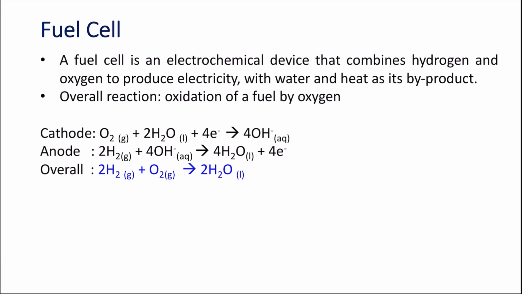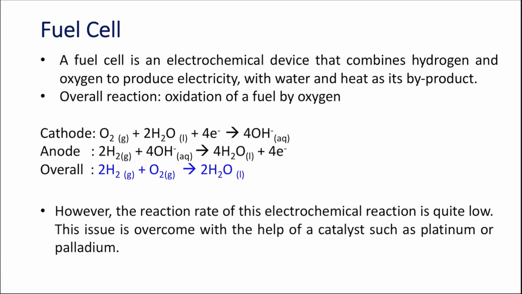And then apa yang kita perlu faham, reaction rate untuk this electrochemical reaction is quite low. So in order for us to overcome this reaction rate, kita akan gunakan catalyst such as platinum dan palladium untuk make the reaction rate faster.